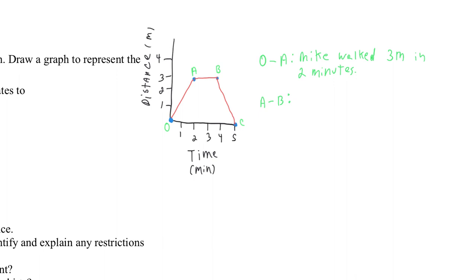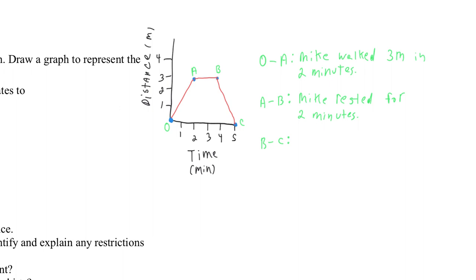So you could say Mike rested for 2 minutes. Then from B over to C, you can see that it took 1 minute from 4 to 5 to travel back that same distance.